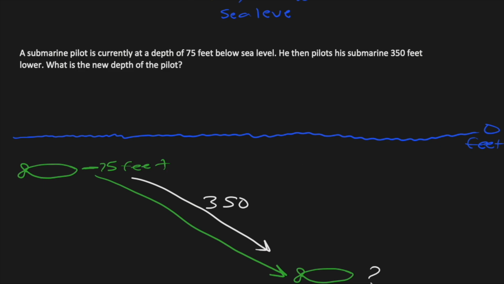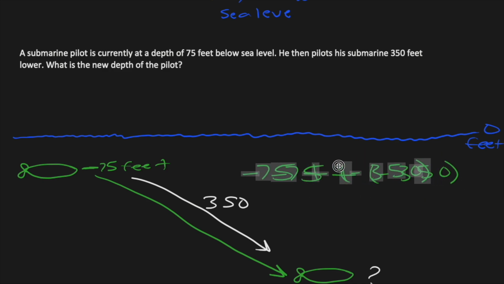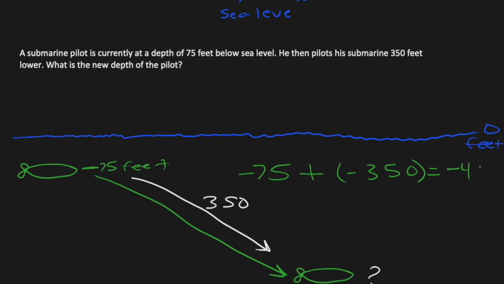So why don't we do an equation? Negative 75 plus negative 350, and that would equal negative 425, or 425 feet below sea level.